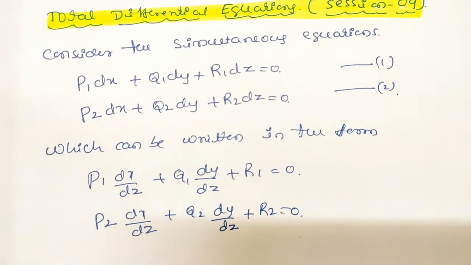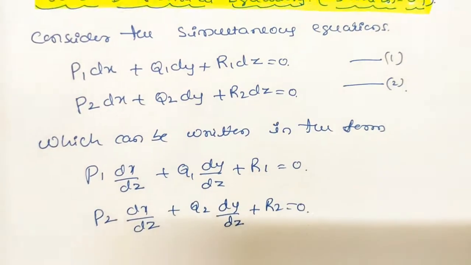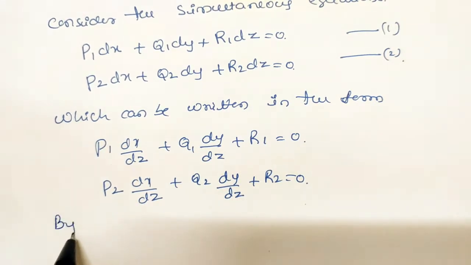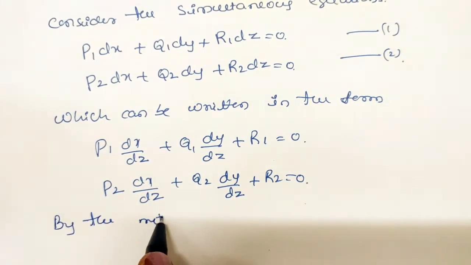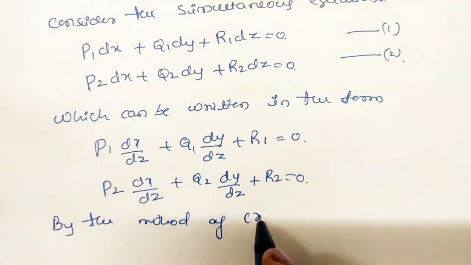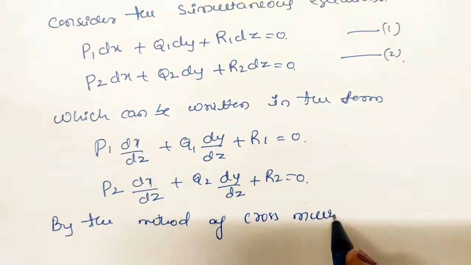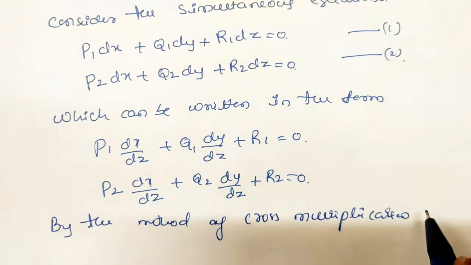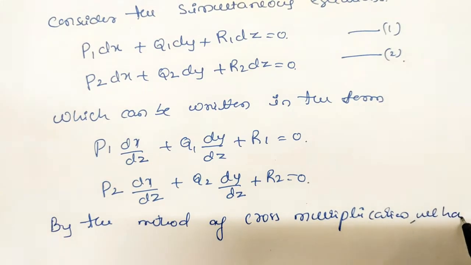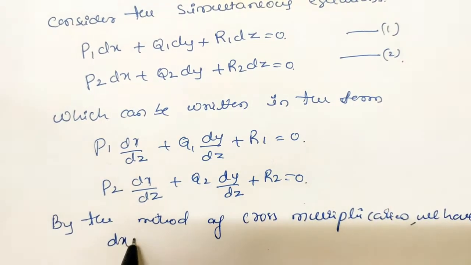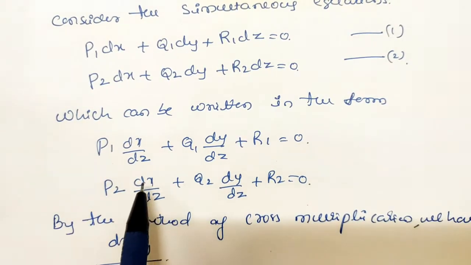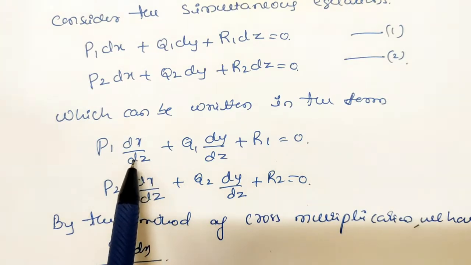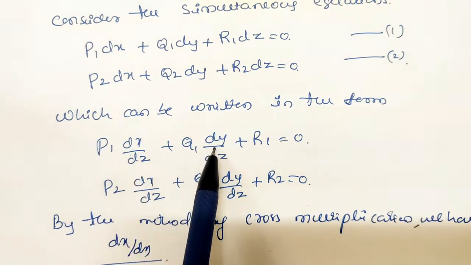Now, by the method of cross multiplication, it can be written as dx by dz divided by... We know the method of cross multiplication, so first you have to write the coefficients: dx by dz, dy by dz and 1.